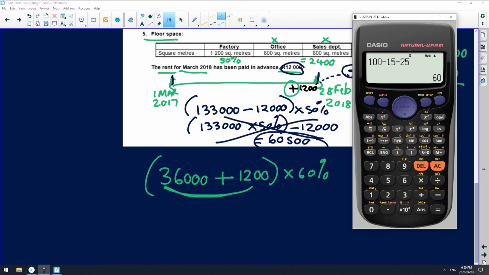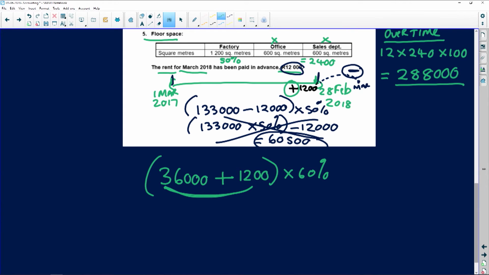Okay, right, so let's get the calculator out. 36,000, plus 1,200, times 60%, and water and electricity allocated to the factory is an amount of 22,320.